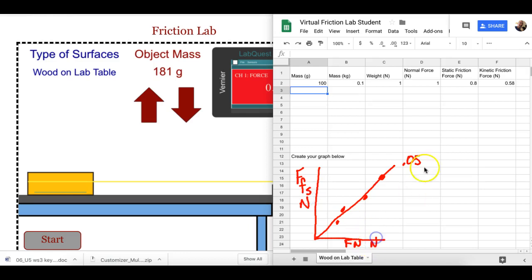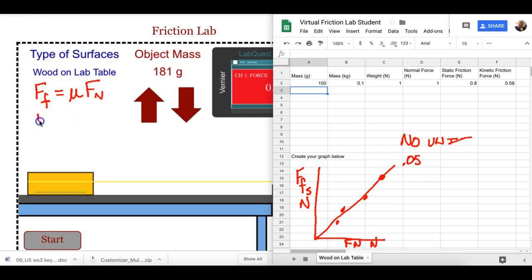The unit for that, notice this is in newtons. This is also in newtons, so there's no unit for your slope. There is no unit for the slope, and that's just not coming out, so we'll just act like it did. The equation, remember we said, was the force of friction is equal to mu times the normal force.